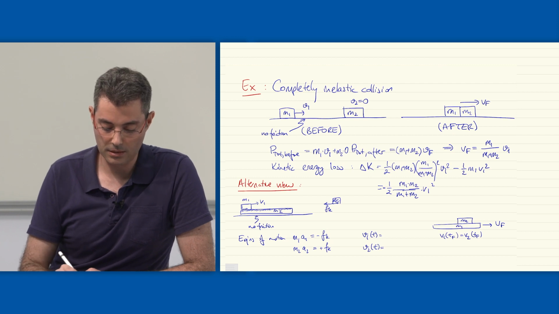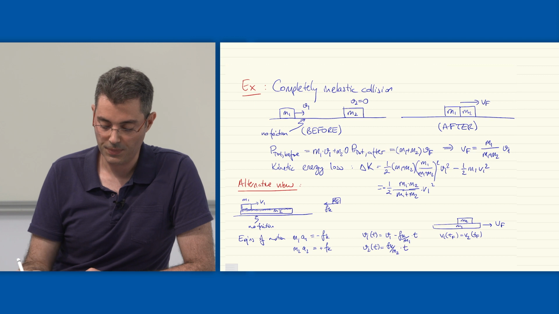So if we integrate these and find velocities in terms of these accelerations, we find that the velocity of the first object as a function of time will be the initial velocity minus the force divided by m1 times t, and the second object will just accelerate with the acceleration a2, which is fk over m2 times t.